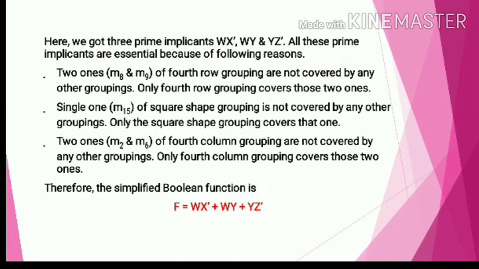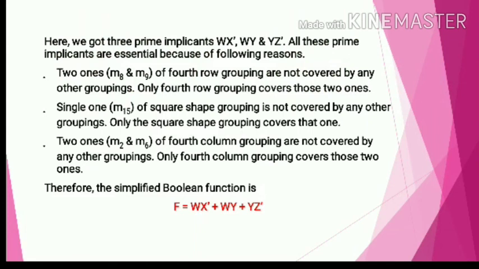All these prime implicants are essential for the following reasons. First, the 2 ones M8 and M9 of the 4th row grouping are not covered by any other grouping; only the 4th row grouping covers those 2 ones.